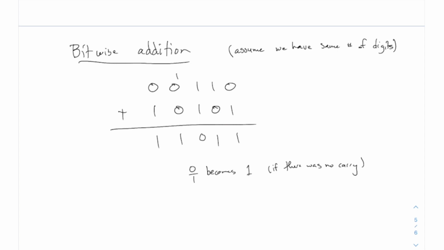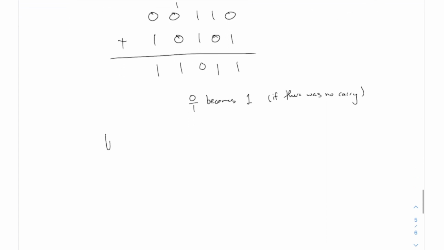But if there was no carry, then it would turn out like that. The way you want to think of this is, as you go from digit to digit, we need to keep track of if there was a carry or not, because that changes the answer. Depending on if there has been a carry from a previous digit, it's going to change the answer. So we need to keep track of if there was a carry or not.